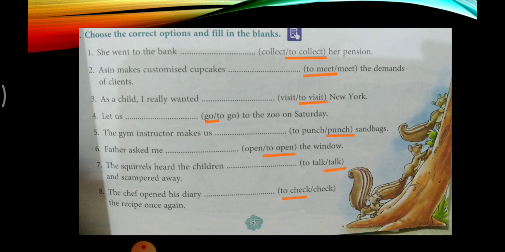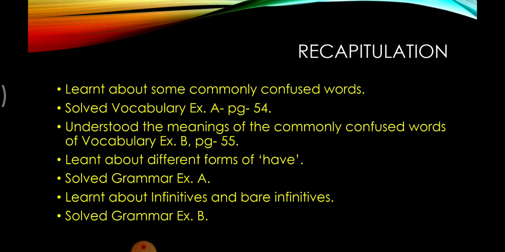Okay. Now, what have we learned today? Just a short recap. We have learnt about some commonly confused words. We have solved vocabulary exercise A, page number 54 of commonly confused words. Next, we understood the meanings of the commonly confused words of vocabulary exercise B, page 55.